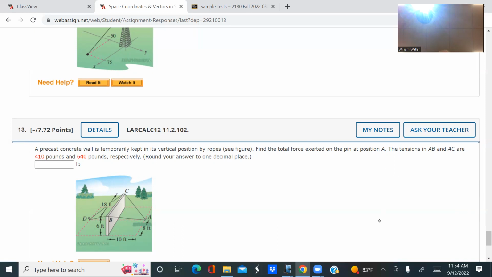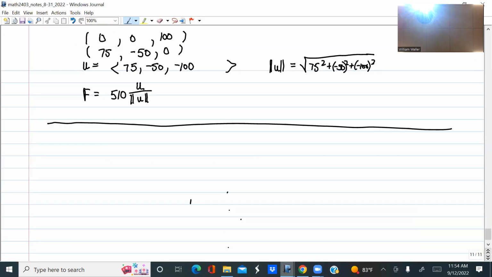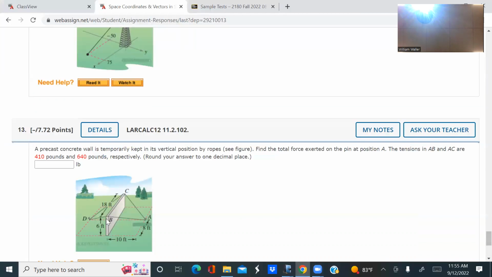So let's try writing those down, before I forget them. All right. So what was point A? 8, 0, 6. Yeah. Okay. A is the point in front. Oh, I'm sorry.